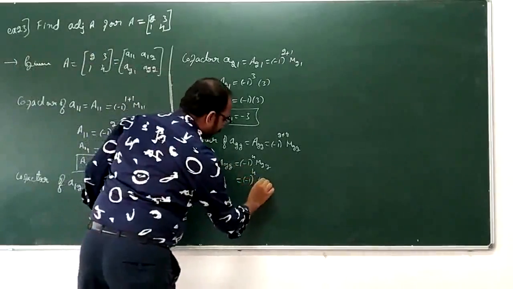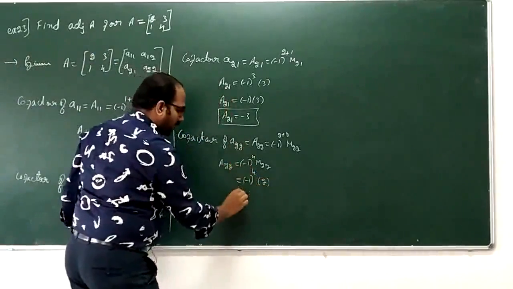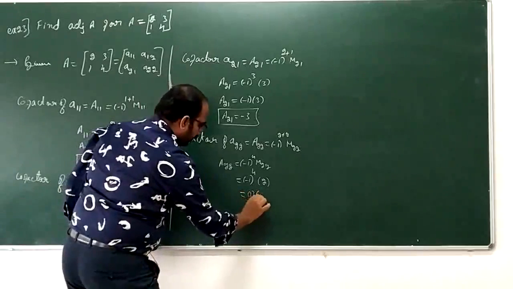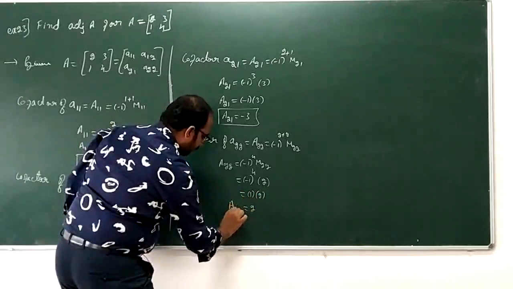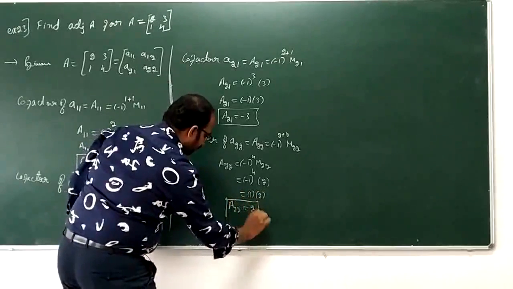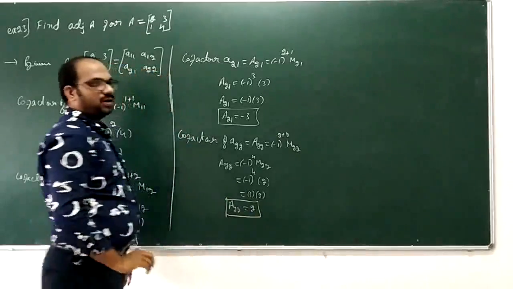Minus 1 to the power of 4 has value 1, so 1 into 2, that is 2. This is the cofactor of A22.